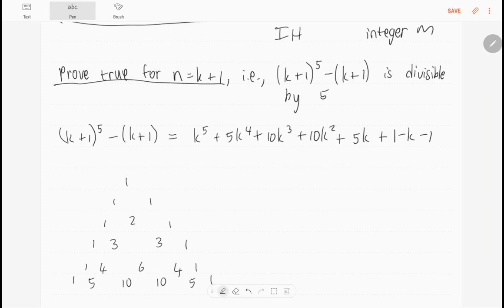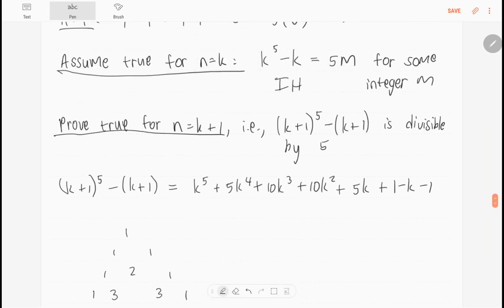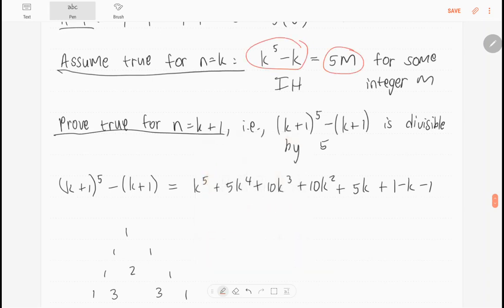So what I want to try and do is use my induction hypothesis somewhere in this step. My induction hypothesis says that k to the 5 minus k equals 5m. Let's see if I can find a k to the 5 minus k here. Well, I have a k to the 5 and I have a k there.